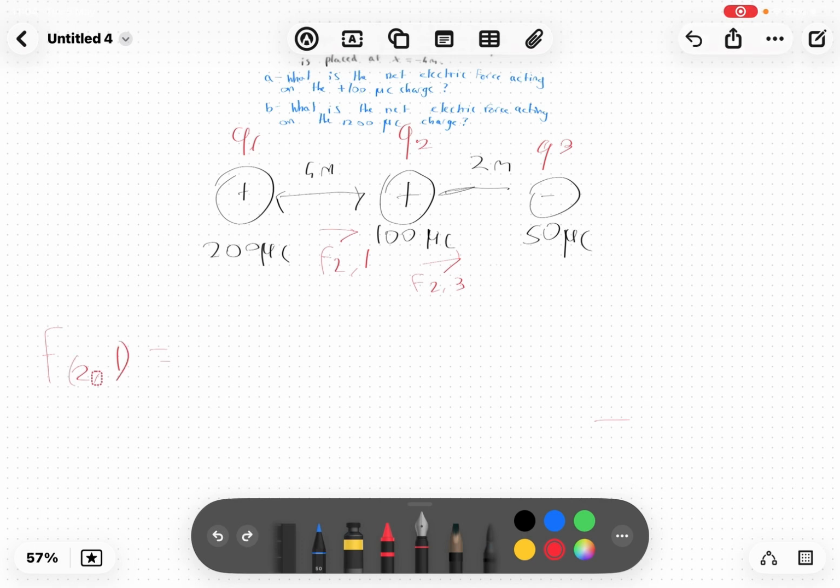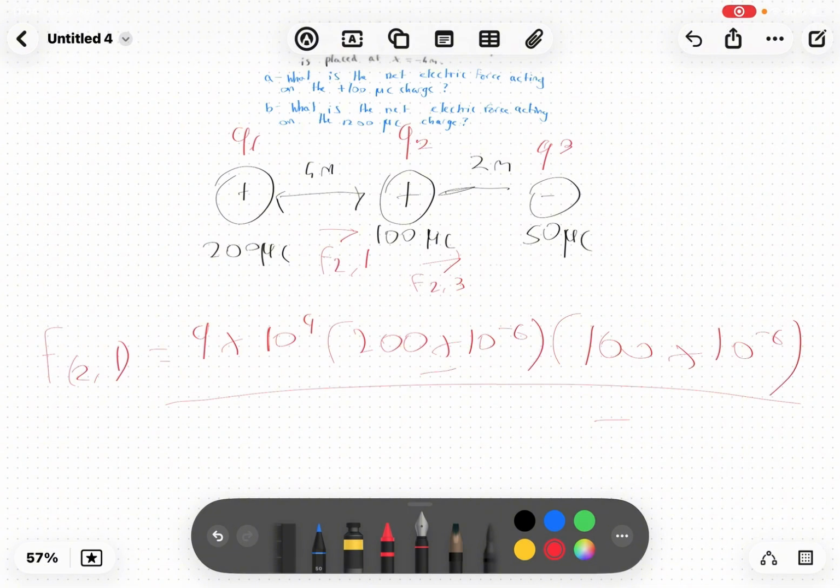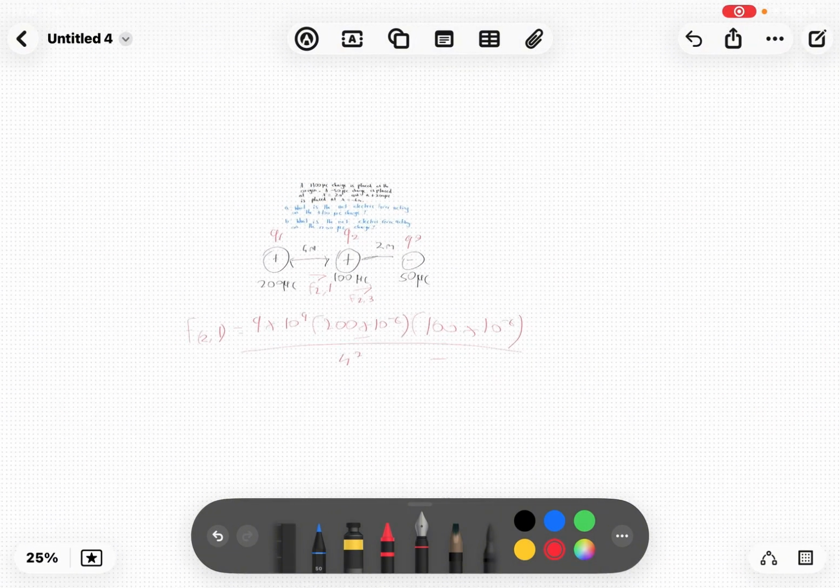And then we already know the formula. I don't want to write it down, it takes too long. So K, and then 200 times 10 to the power minus 6, because that's the micro, then 100 times 10 to the power minus 6, and then divide all this by 4 squared, and that will give us 11.25 newtons.